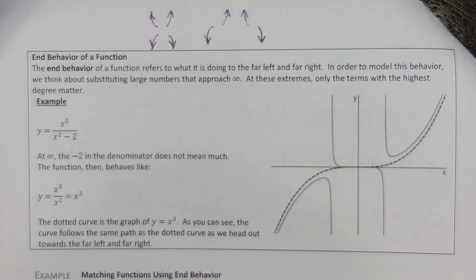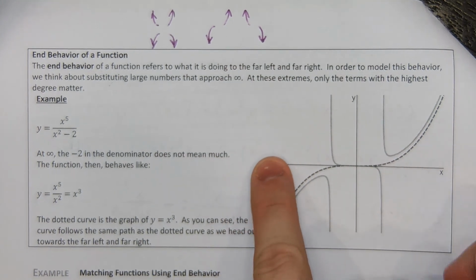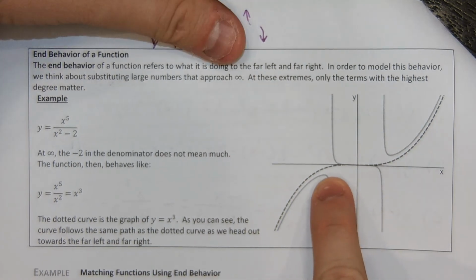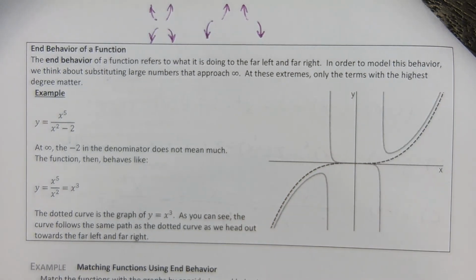But where does it get really close to the graph of y equals x to the third? It gets really close to that end behavior asymptote at the infinities. The farther left and farther right you go, the closer your curve will hug y equals x to the third. It's just really neat.